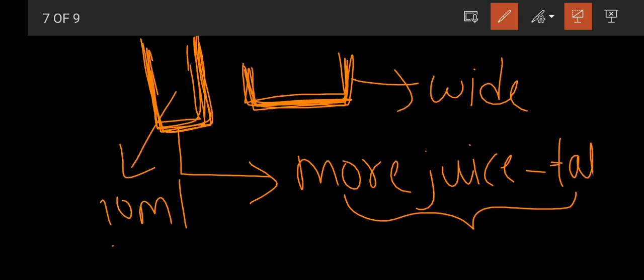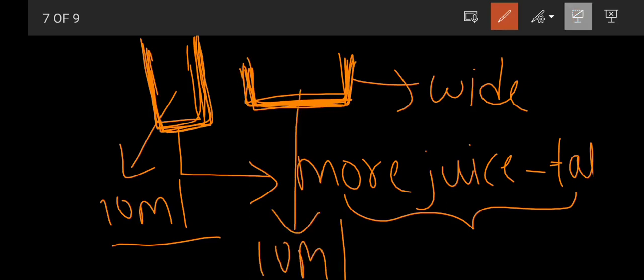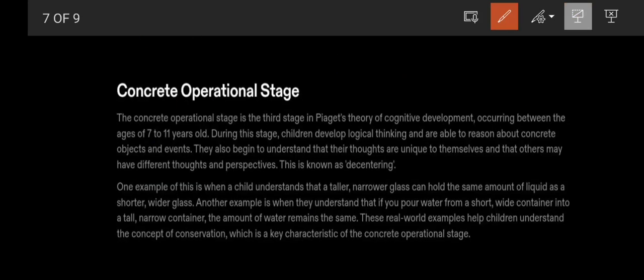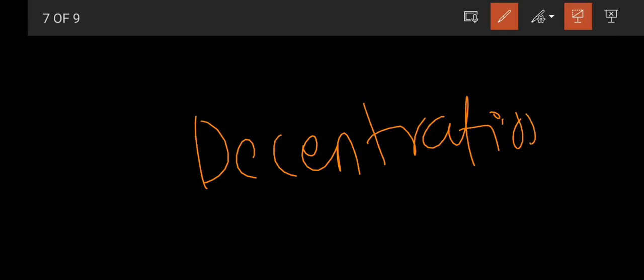And this container is wide, not tall, it is short but wide, and it also has 10 ml of water. Here the child is focusing on both aspects. This is decentration: when the child is able to focus on both aspects. The child will develop decentration in this stage.